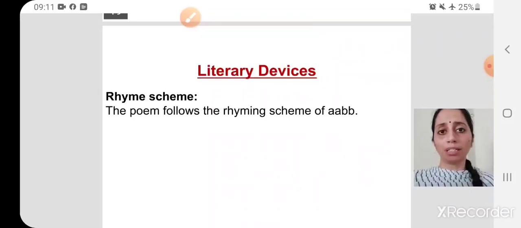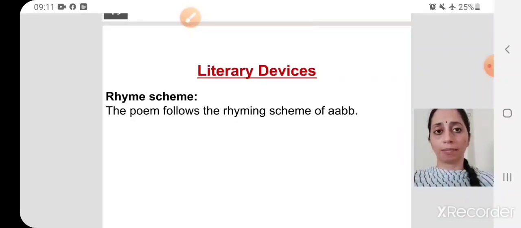When the last words of the lines sound similar, we denote alphabets to the lines. And if the sound is the same, the alphabet is also the same. Clear? So that is what rhyme scheme is.